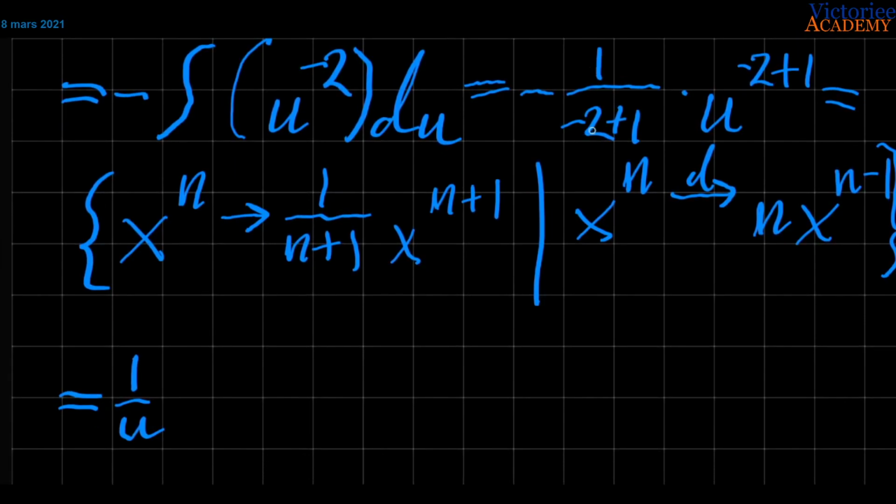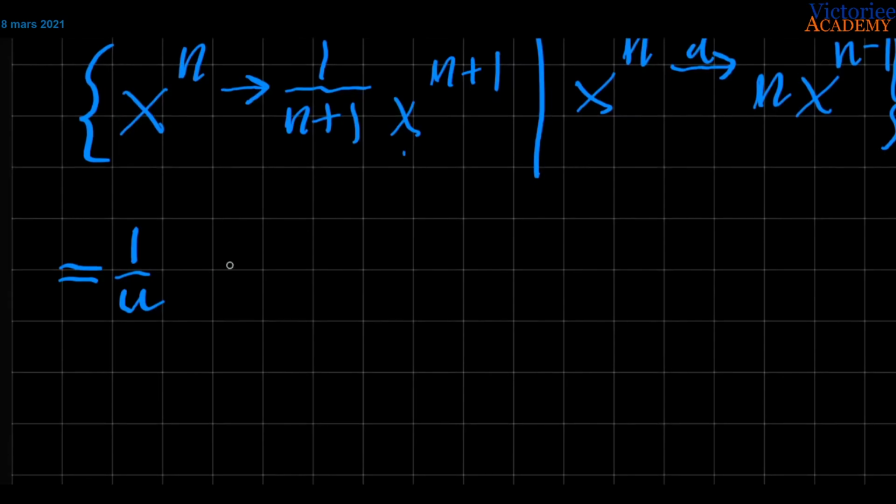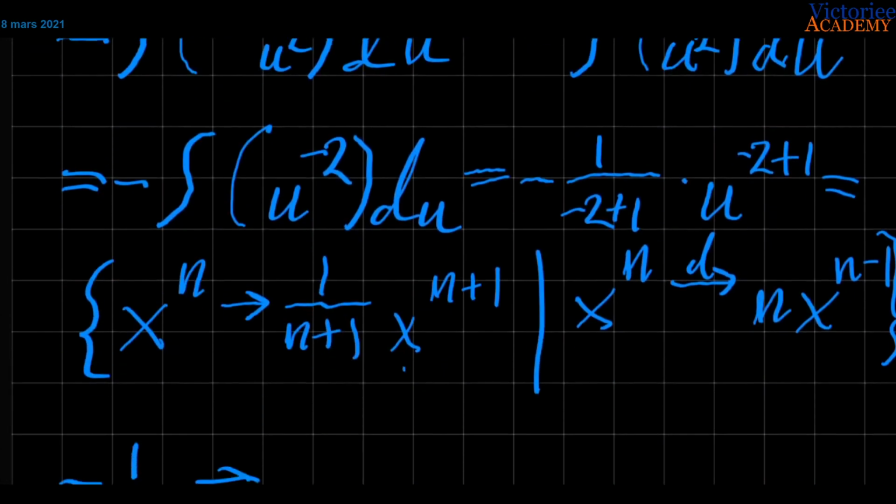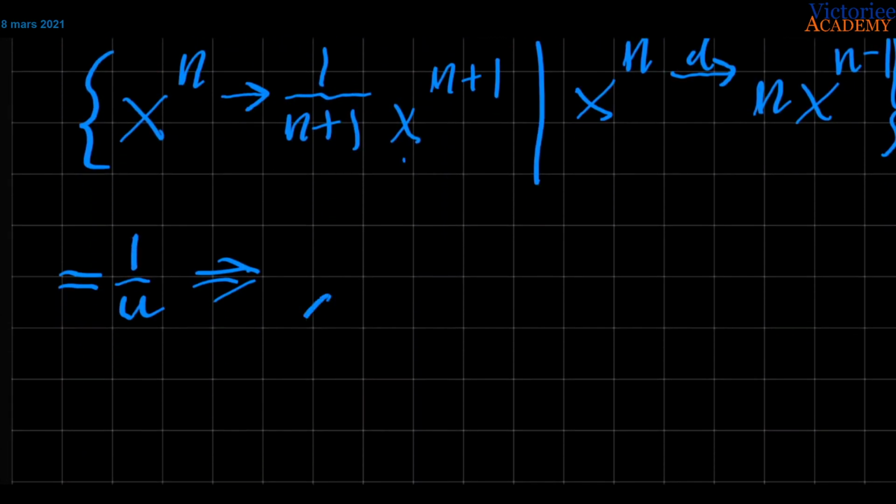As you can see, minus 1 times minus 1 equals 1, and u to the power of minus 1 turns into this. And this is luckily very easy now to just put our substitution back into. So u is equal to cos of x, and then you get cosine of x in the denominator there.